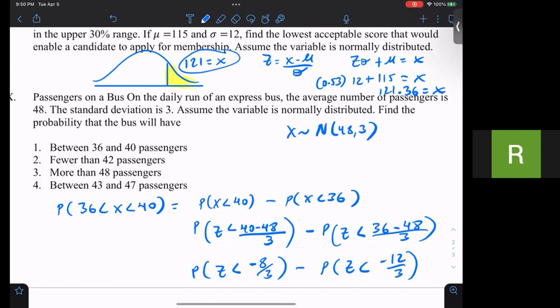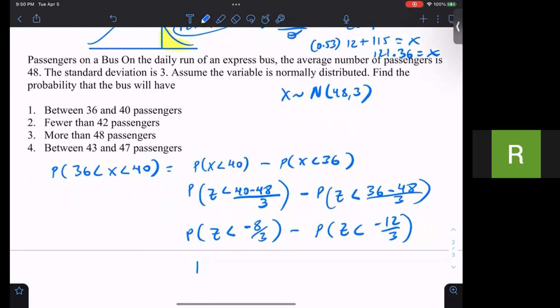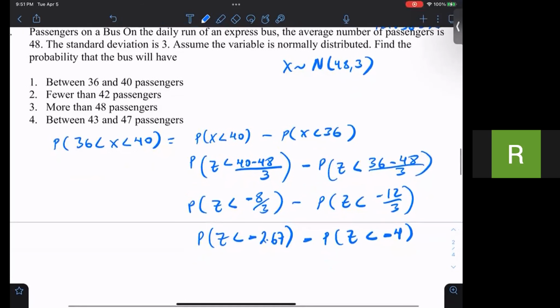So you need to find the probability. This is Z less than negative 2.67 minus Z less than negative 4. This is going to be close to 0, because this is negative. So I'm going to switch it.